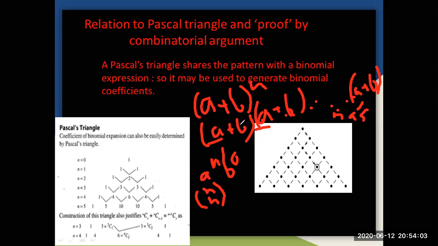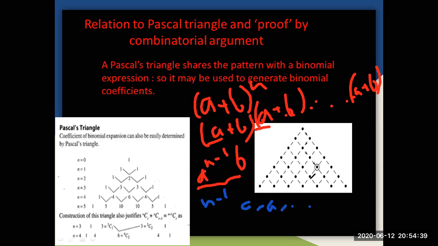But when it's a to the power of n minus 1 times b, to get the binomial coefficient of such a term, you have to find the number of ways the n minus 1 a's and one b could be arranged amongst themselves.